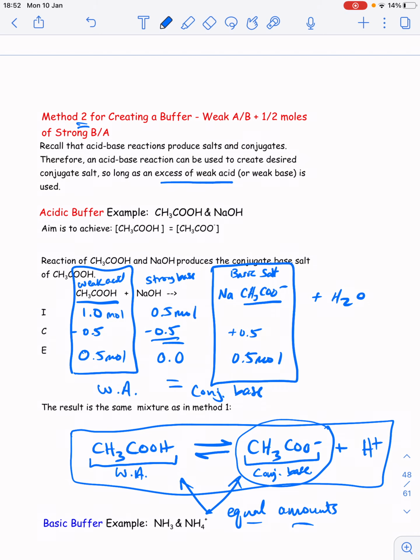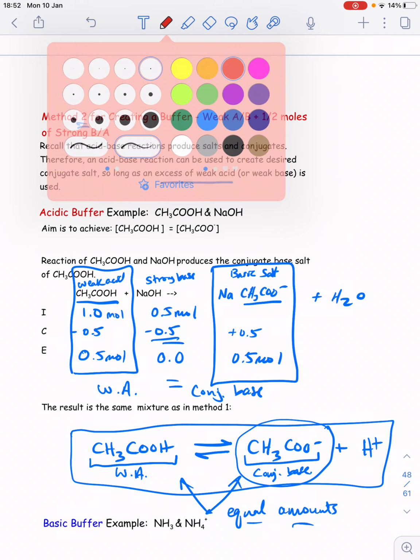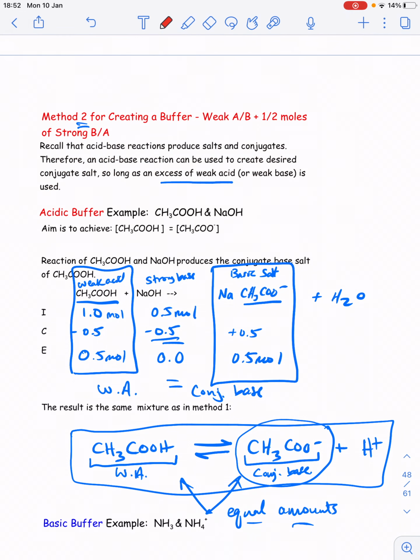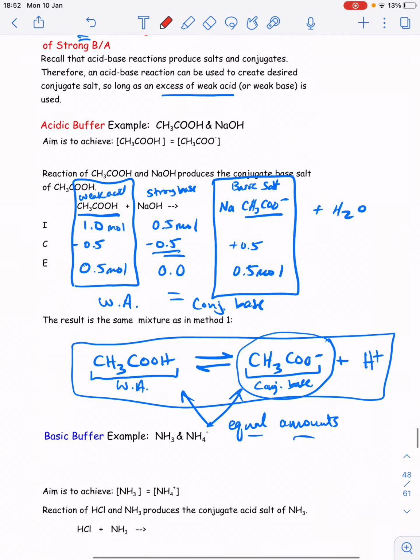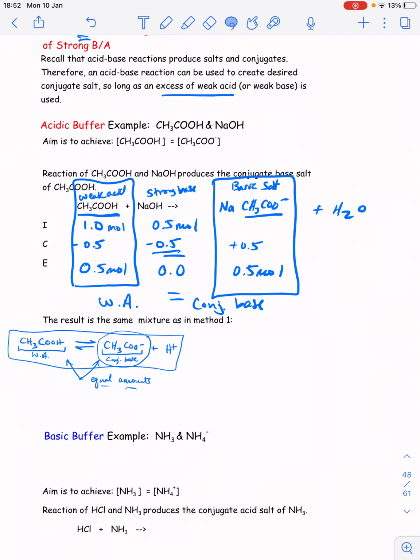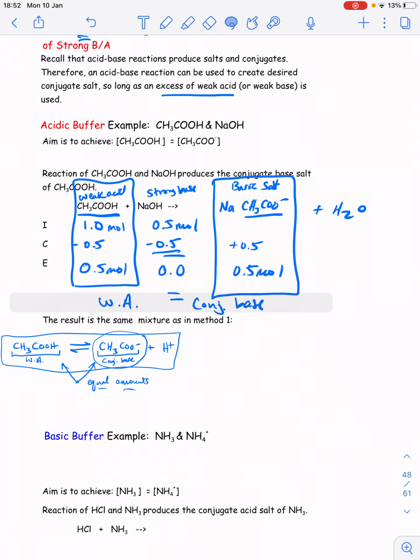Now, one of the questions that throws people off the most is they say, okay, illustrate how it could act as a buffer. How could it neutralize both acid and base? So let me try to shrink it down, give myself some room. Okay, so the way you illustrate it, you're going to basically describe equilibrium concepts of Le Chatelier's principle.